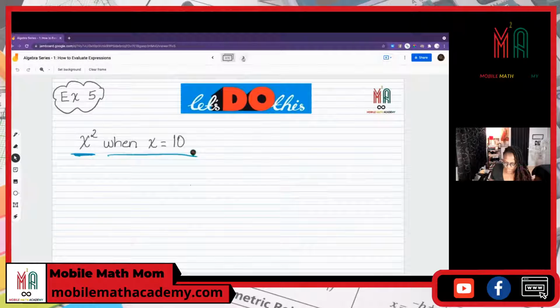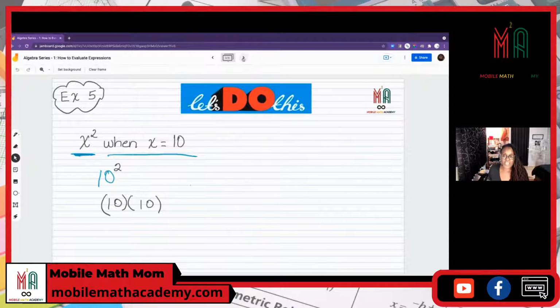All right, so we have 10 raised to, and you may have done this in middle school, 10 to the second power, right? That doesn't mean 10 times 2. I've seen that a lot. It's not the same. This is 10 times 10. That's not the same as 10 times 2.